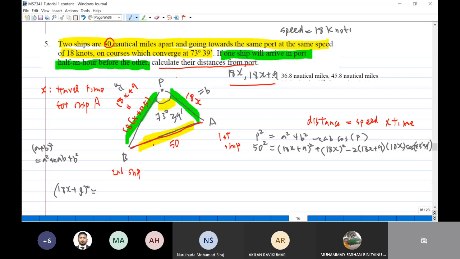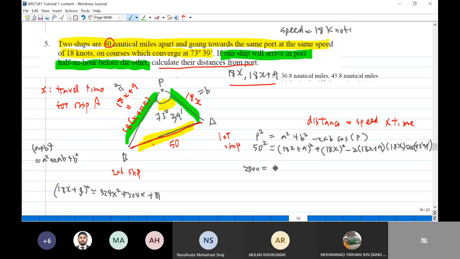It's 324. So this is 324x squared plus 2ab, right? So 2 times 9 times 18, it's 324 again, plus 9 squared, 81. So this is the first term. So 3t squared is 2500.